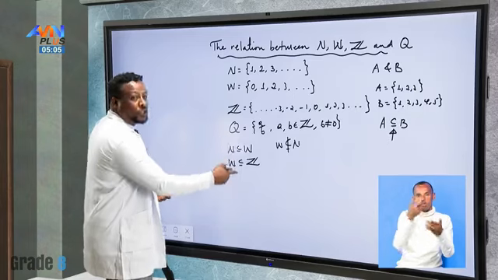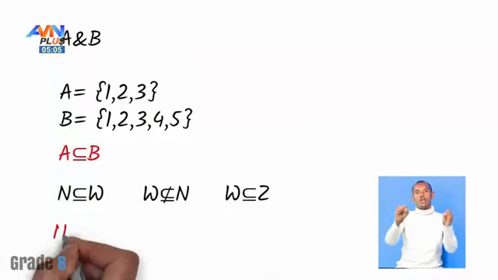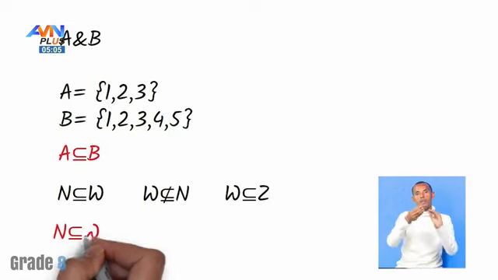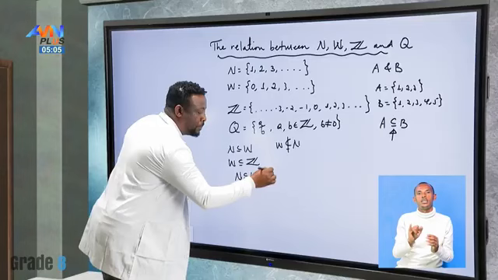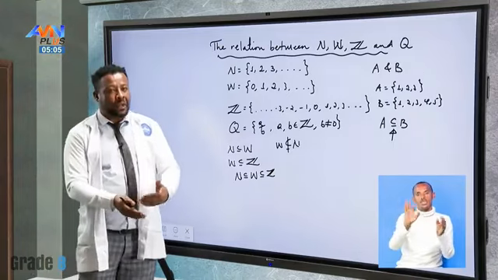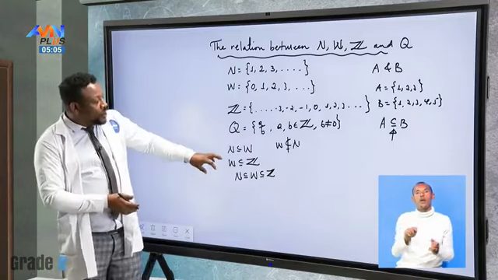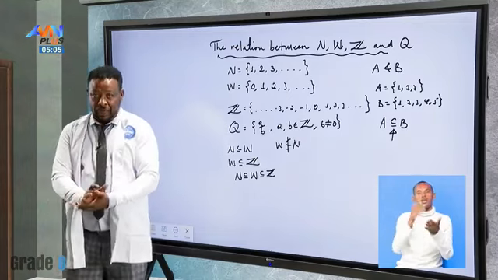So from these 2 conditions, we can say that the set of natural numbers is the subset of whole numbers, and the set of whole numbers is the subset of integers, right? So by connecting all these 3 sets, you can create this kind of relationship, right?